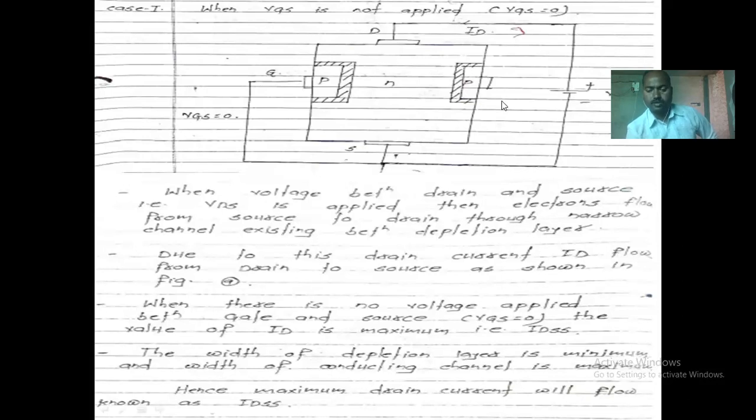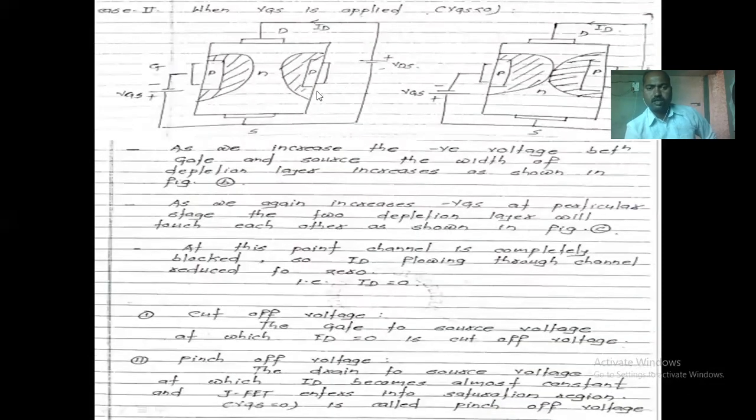As the negative voltage increases, the two depletion layers connect, so no current flows through the device. This is what happens with the JFET.